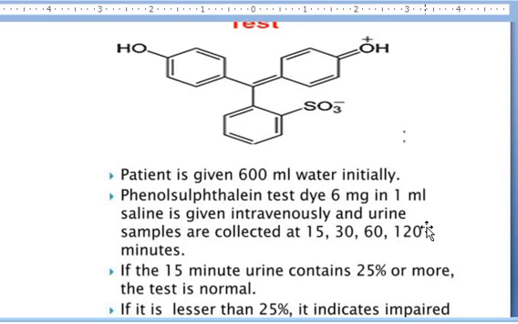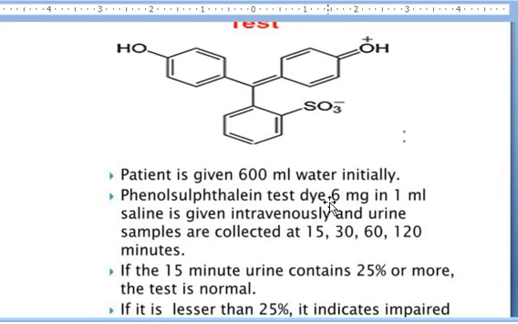After collecting the urine sample, the dye concentration will be measured. From the concentration, we will come to a conclusion that if the 15-minute urine sample contains 25% or more of that tested dye, then the person is normal. For example, in 15 minutes, 25% means here the patient is administered 6 milligrams, so 3 is 50%, and 25% is 1.5 milligram of PSP dye that has to be released in 15 minutes.